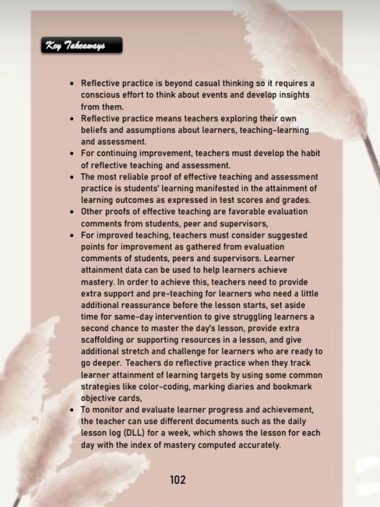For improved teaching, teachers must consider suggested points for improvement as gathered from evaluations and comments of the students, peers, and supervisor. Learners' attainment data can be used to help learners achieve mastery.